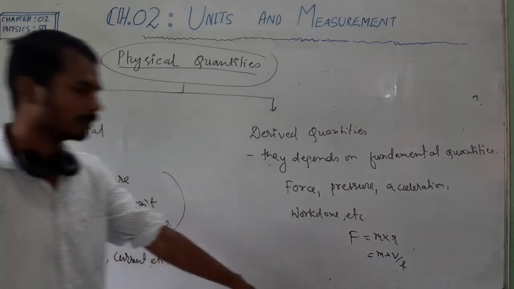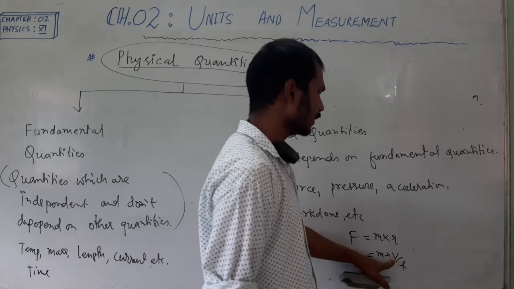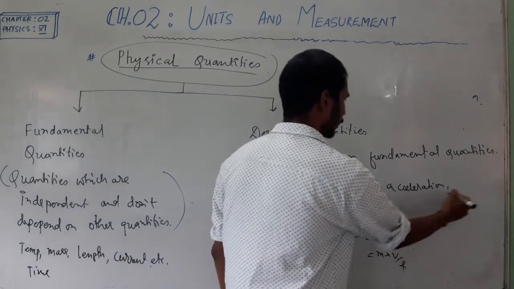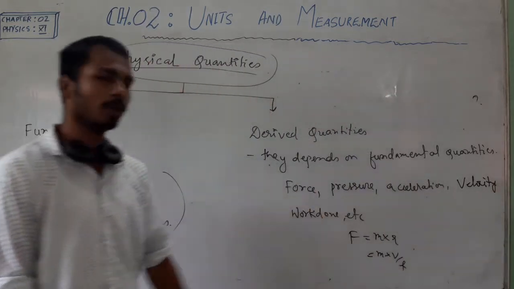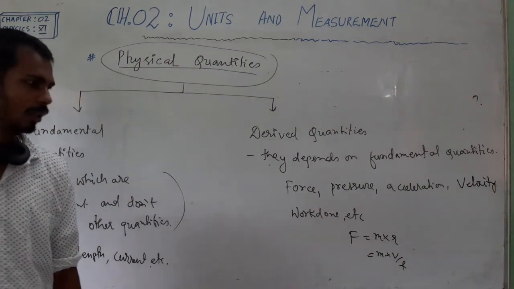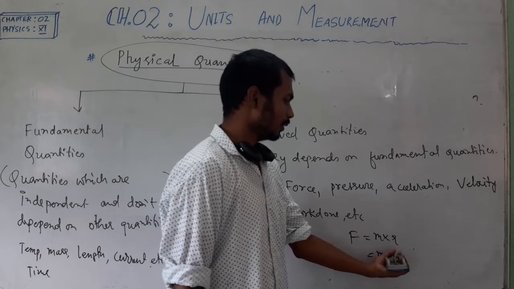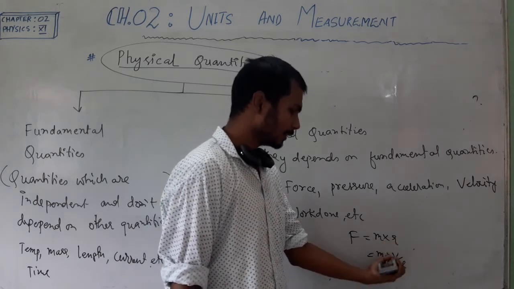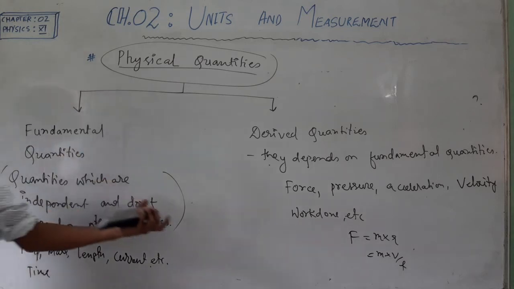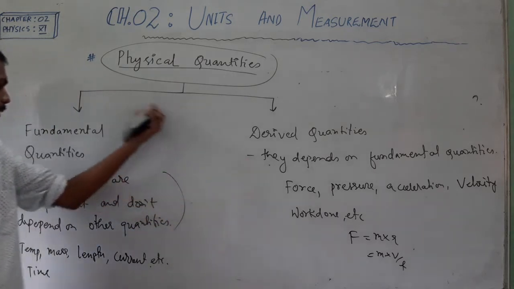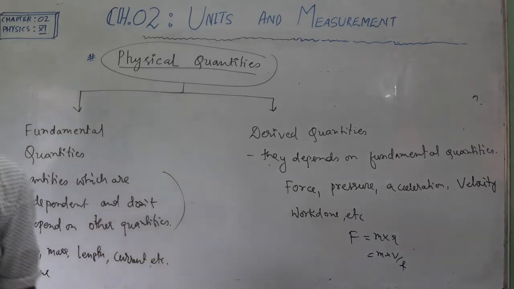Again, velocity is a derived quantity. So velocity is equal to rate of change of distance. So distance means length is a fundamental quantity. So derived quantities are those quantities which can be derived from fundamental quantities.